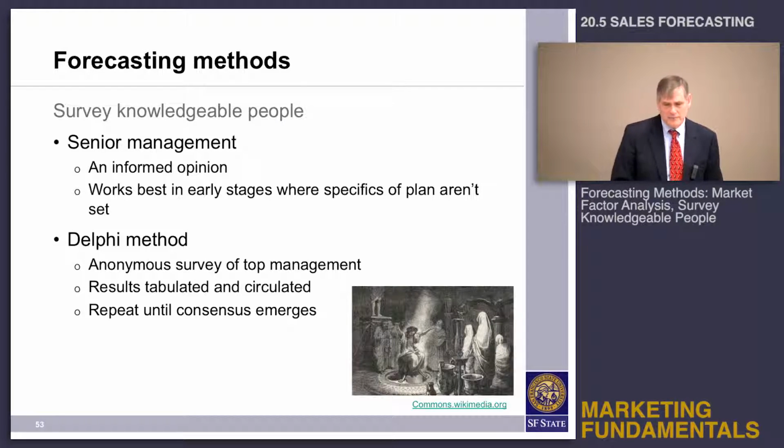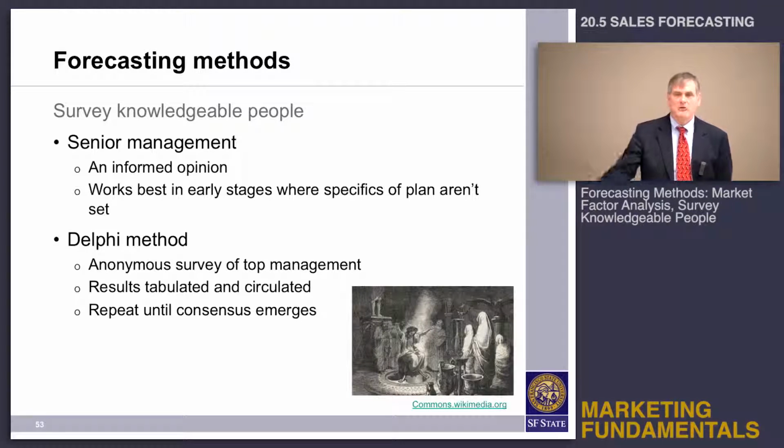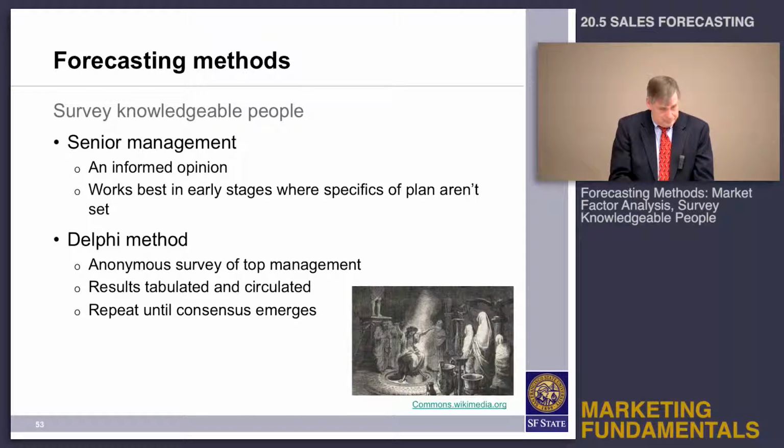Another approach that I don't have written down here, I just love the name. It's called the lost horse method. And we'll talk about the chain ratio method later, and lost horse is not dissimilar from that. But with a lost horse method, you start out with a known fact, and then you adjust it based on things that you know about the marketplace.